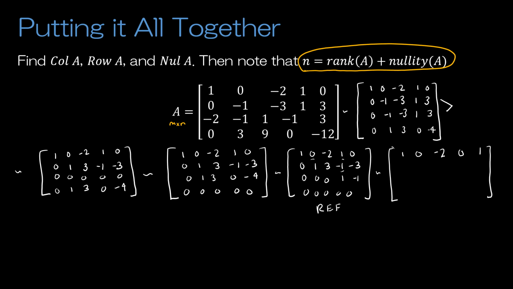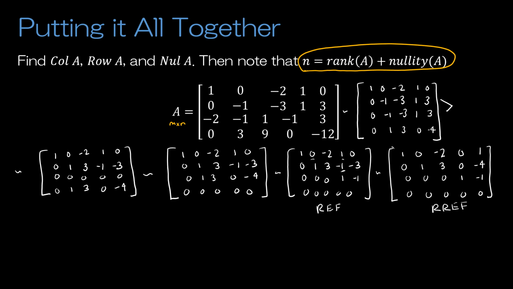And then to get rid of this one, I'm just going to add the 2 rows together. So that's 0, 1, 3, 0, negative 4. And this is 0, 0, 0, 1, negative 1, 0, 0, 0, 0, 0. Woo! And that is RREF.